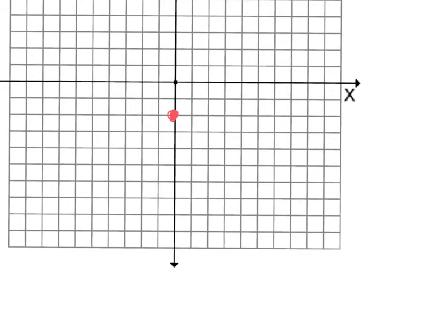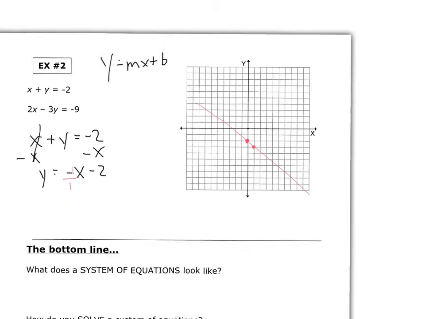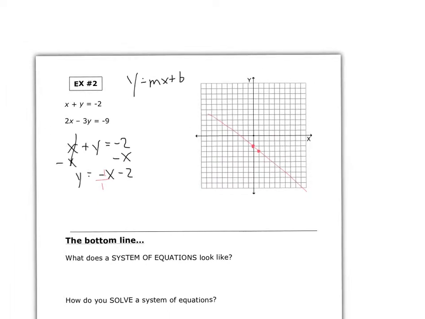So let's go down 1 and over 1 and plot a point. And remember, you do not have to decide what type of line or which way it's shaded. You're just going to draw your line. Simple as that. Okay, let's try another one.